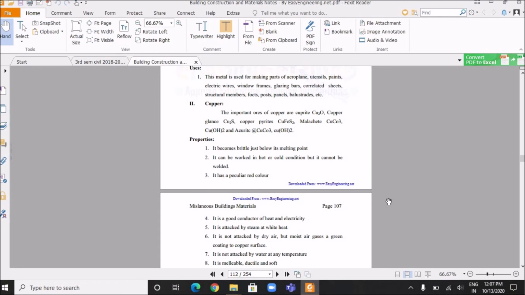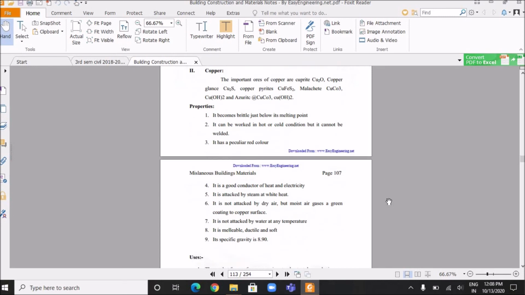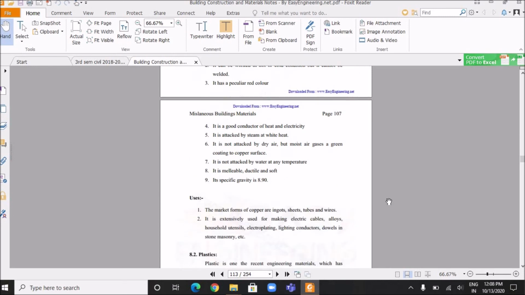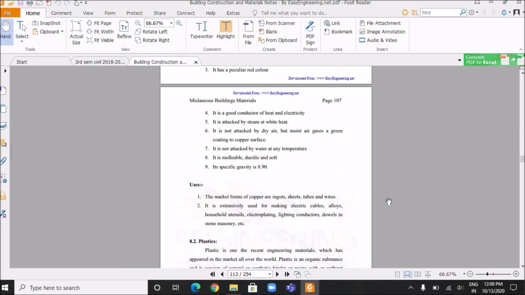Properties. It becomes brittle just below its melting point. It can be worked in hot or cold condition, but it cannot be welded. It has a peculiar red color. It is a good conductor of heat and electricity. It is attacked by steam at white heat.